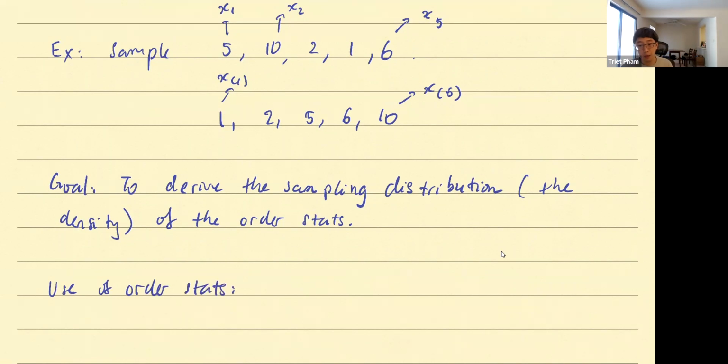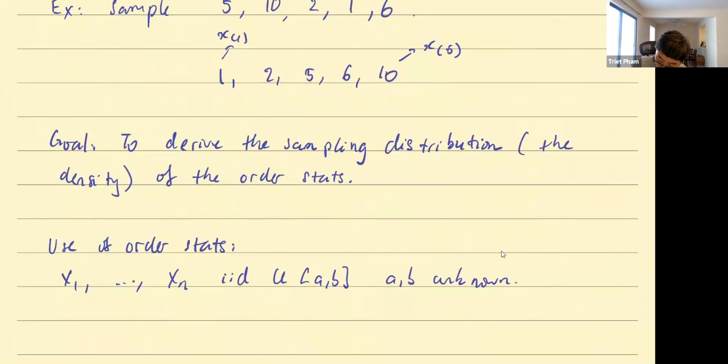You can use order statistics in many ways, but in this course, the generic context is you have some unknown parameters from the population distribution. So suppose that you have x1 up to xn, IID, uniform A to B, A and B unknown. Your goal is to be able to say something about the parameter A and the parameter B.